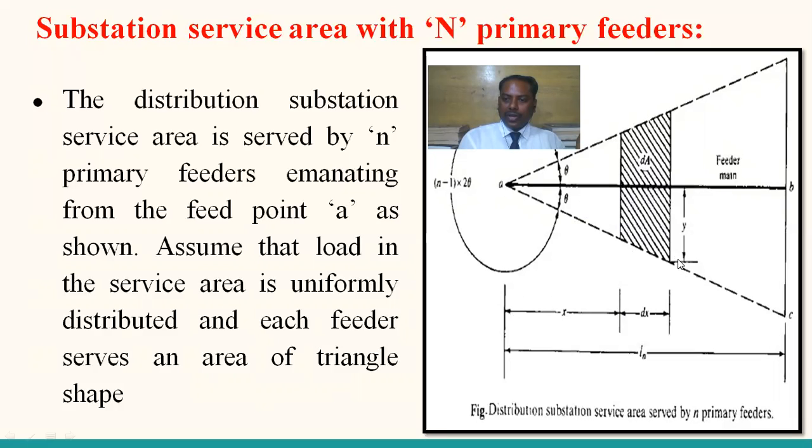Assume this is y, the opposite side, and the adjacent distance is x plus dx. So tan theta is y by x plus dx, because in the next slide we are going to write the formula for tan theta, which is equal to opposite side by adjacent.